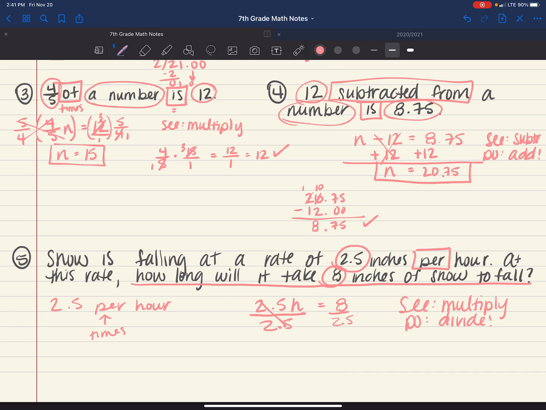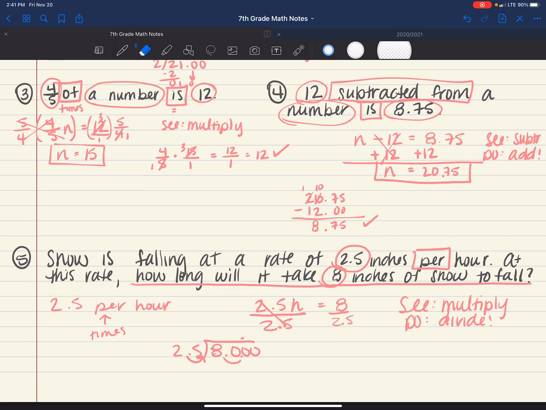8 goes inside the box, and 2.5 goes outside. Let's make my divisor a whole number by moving the decimal to the right once, doing the same thing to my dividend, pulling it up into the quotient. Now I've got 25. Every time I think about 25, I think about quarters.